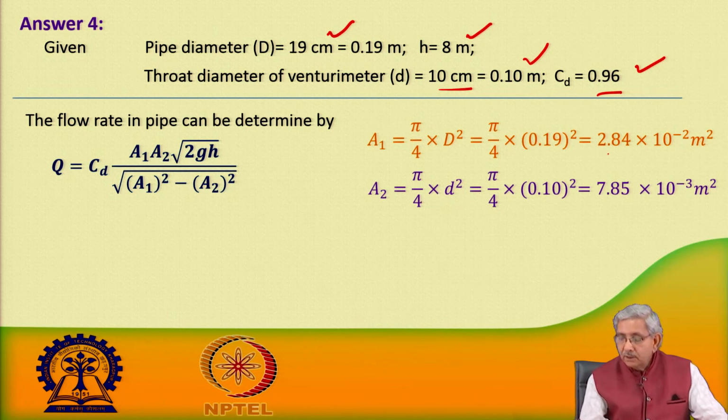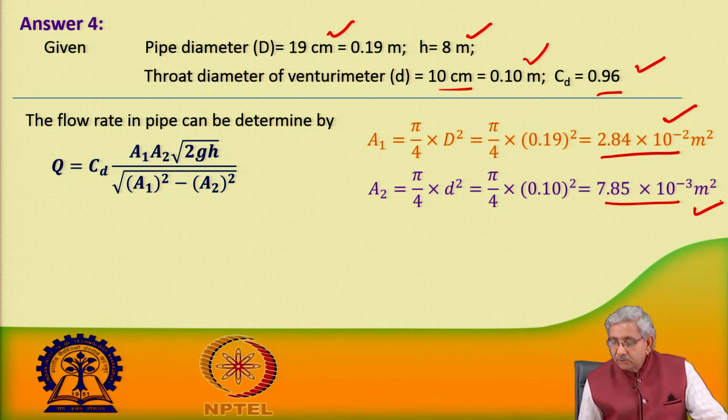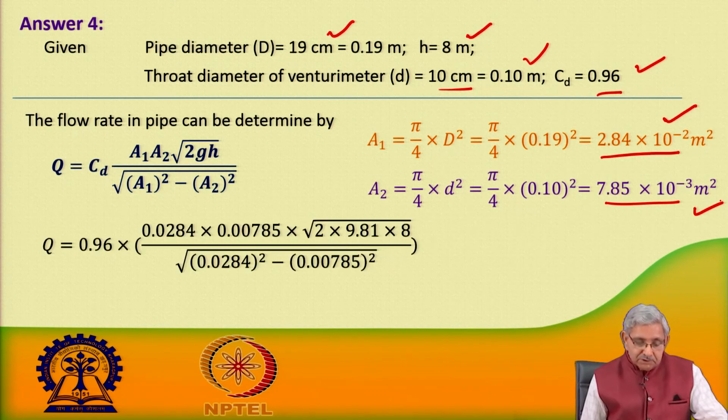The area of the pipe is obtained as 2.84 into 10 to the power minus 2 square meter. A 2, for 10 centimeter diameter, we are getting 7.85 into 10 to the power minus 3 square meter, and having got these values we just simply substitute them.